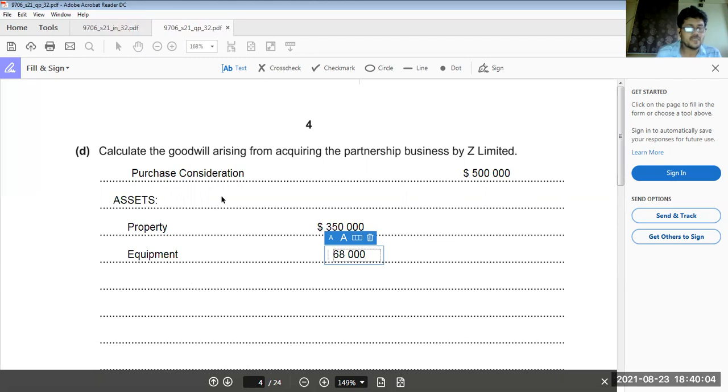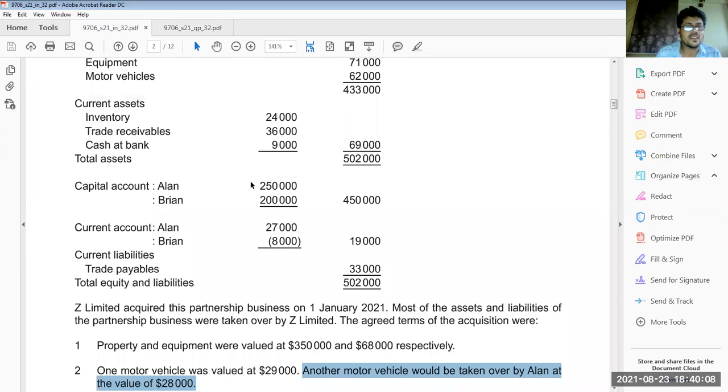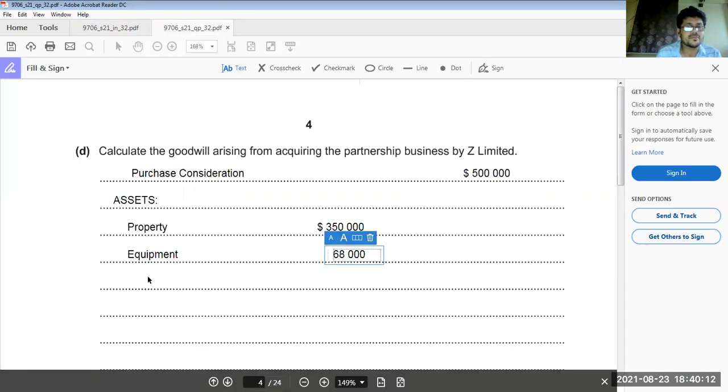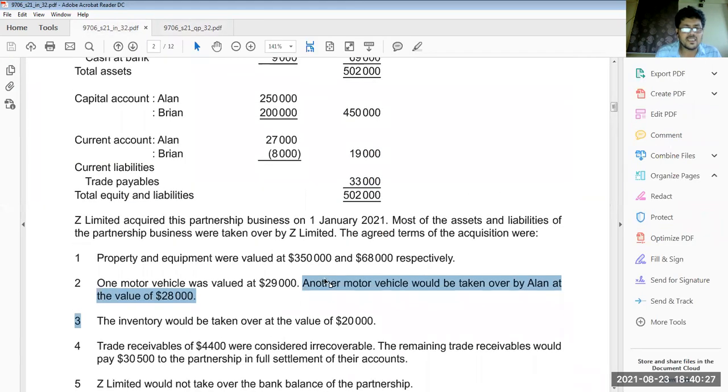After property and equipment, motor vehicles. I think he has taken only one motor vehicle, 29,000.